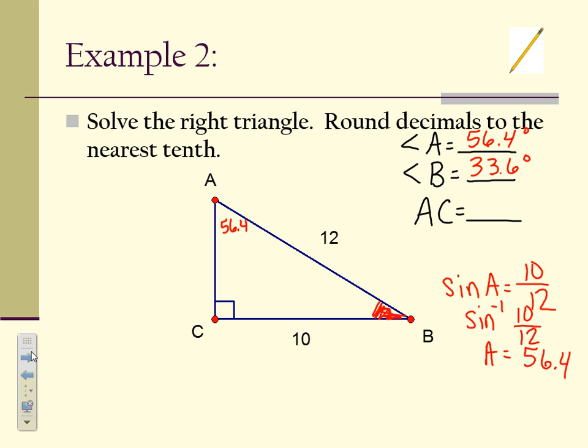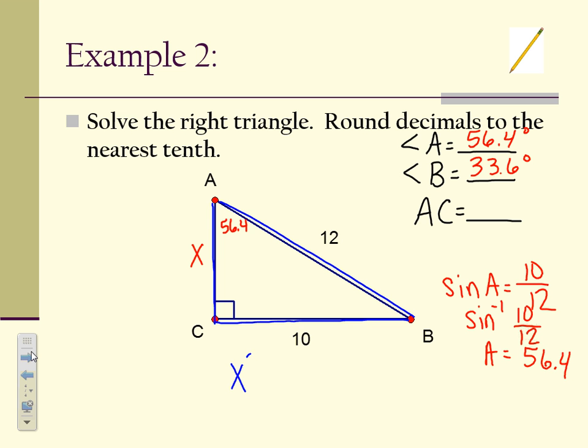And then last but not least, we can go ahead and find AC. AC you could label with an X over here. We could set up a sine, cosine, or tangent to help us find that. We could even use Pythagorean theorem. I haven't used Pythagorean theorem in a while, so I think I'm going to do that. Because Pythagorean theorem says leg squared plus leg squared equals hypotenuse squared.